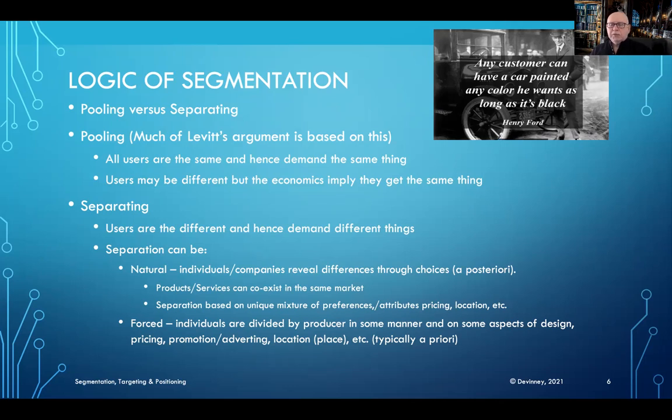And normally in this case, you're relying much more on a priori type of segmentation. In other words, in the first case, the separating segmentation case, you don't know which individual really is going to make that choice, but you don't care. You've structured the product so that you know that some percent are going to choose this and some percent are going to choose that.